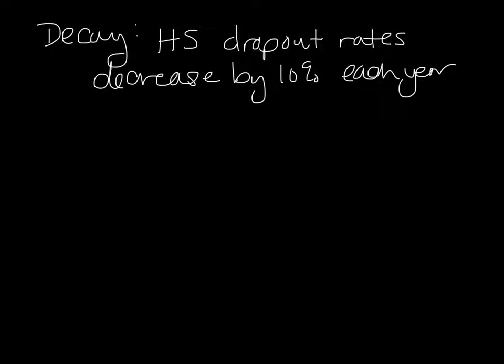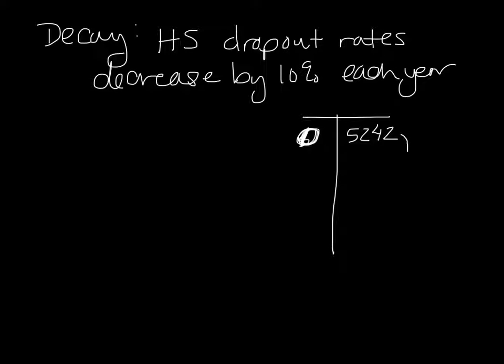Okay, so if I look at that, let's say the high school dropout rate at one time was, this is a great decrease, let's say it was 50%. So in year 0, I suppose it would be 50%. No, sorry, I'm being stupid. Okay, so let's say that there was 5,242 people that dropped out at the first year that we were looking at it.